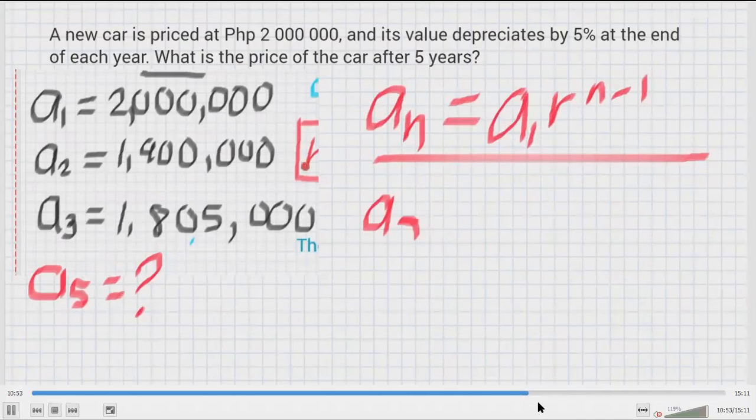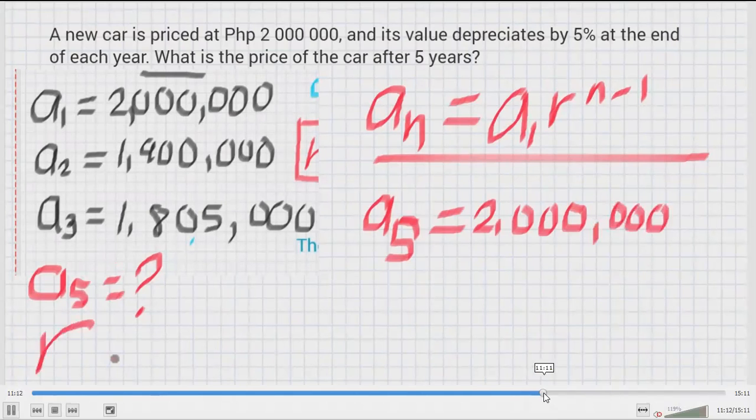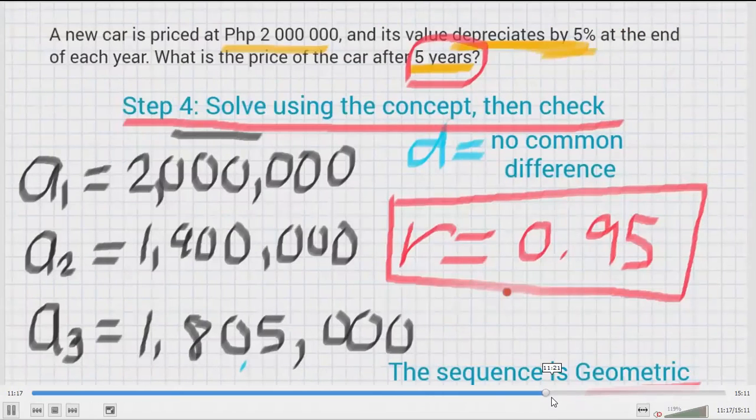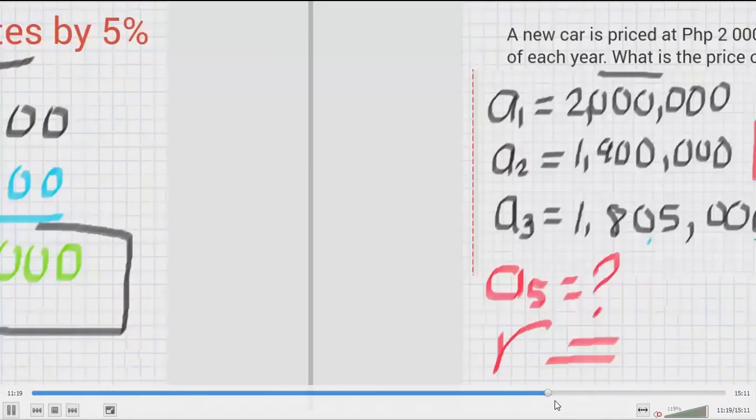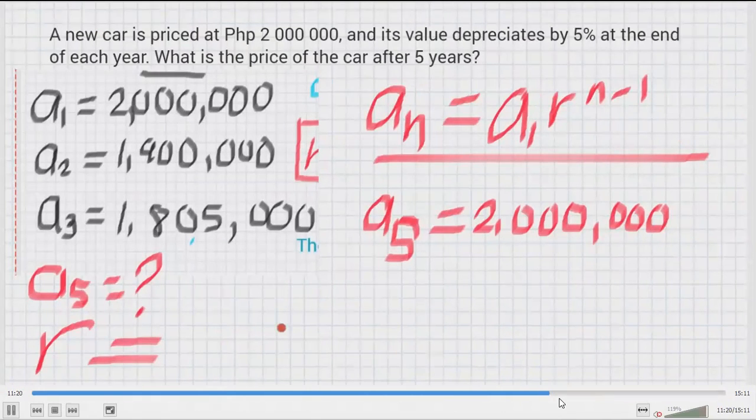We are looking for the fifth term here. Our first term is, of course, 2 million, times 0.95, which is our common ratio.